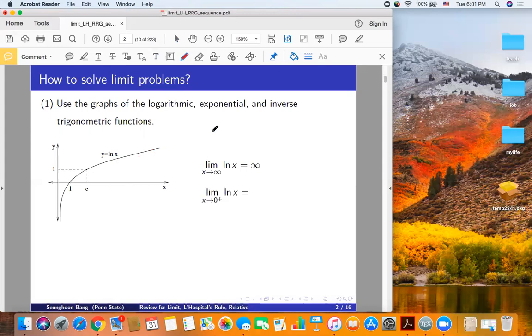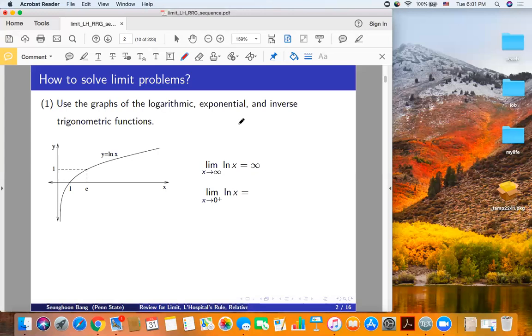Next one, what is the limit of ln of x as x value approaches 0 from the right? So what is the answer? Is it 1?